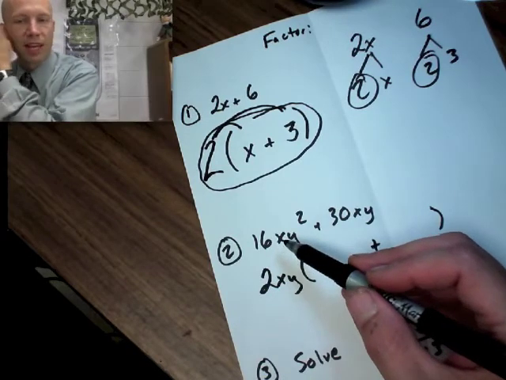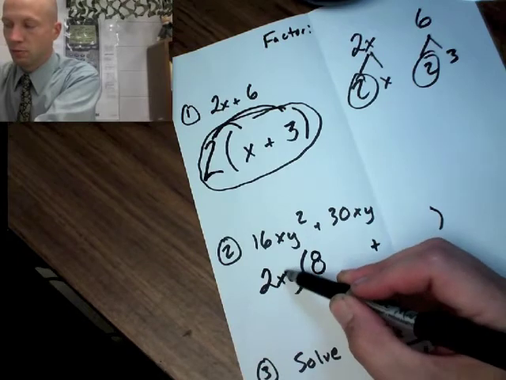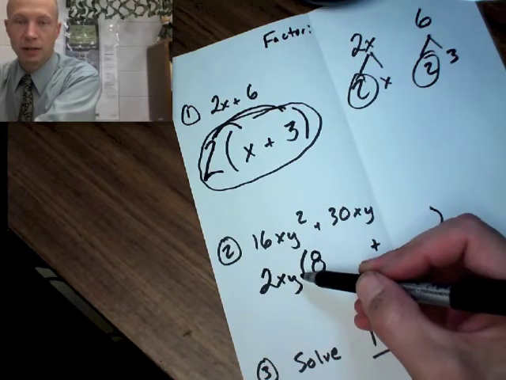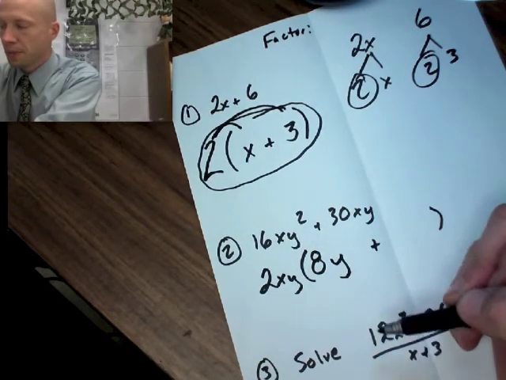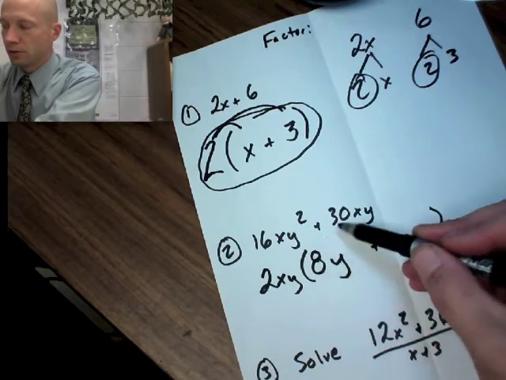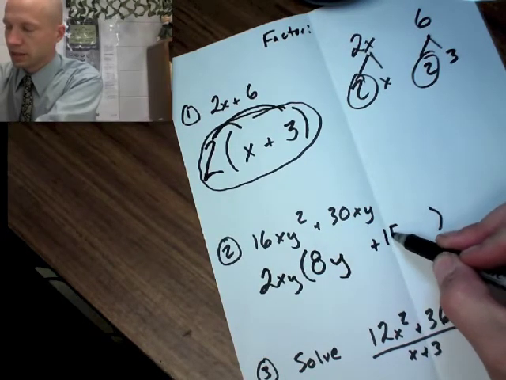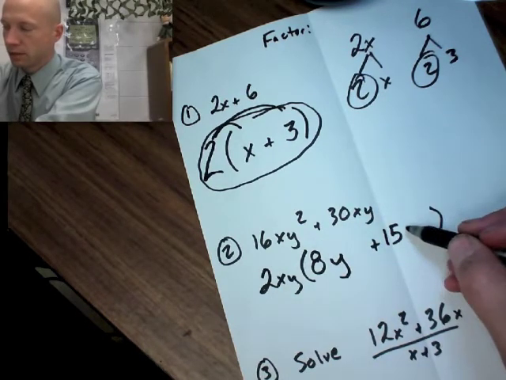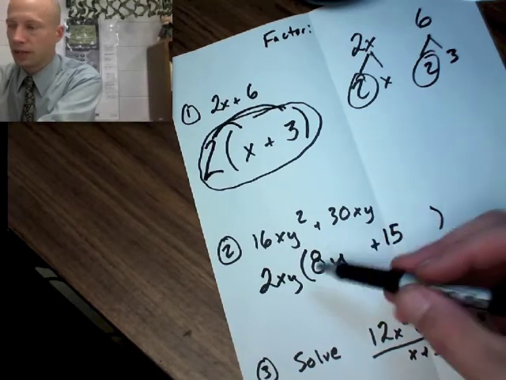Well, 2 times 8 is 16. x times 1 is x, so I don't need to put a 1 in there. And y times y is y squared. So this is 8y. And then 2 times 15 is 30. And x times 1 is x, so I don't need to put a times 1 here. And y times 1 is y. So that's it. So 2xy times 15 is 30xy.